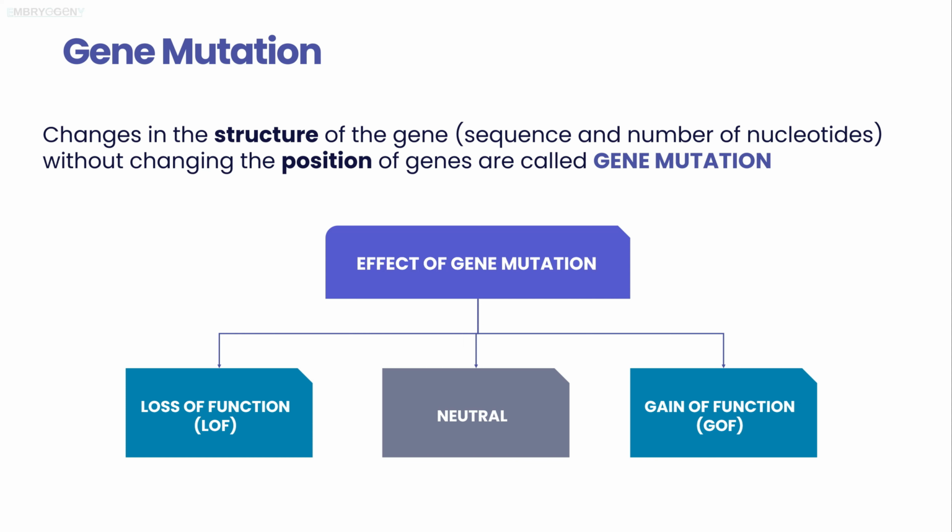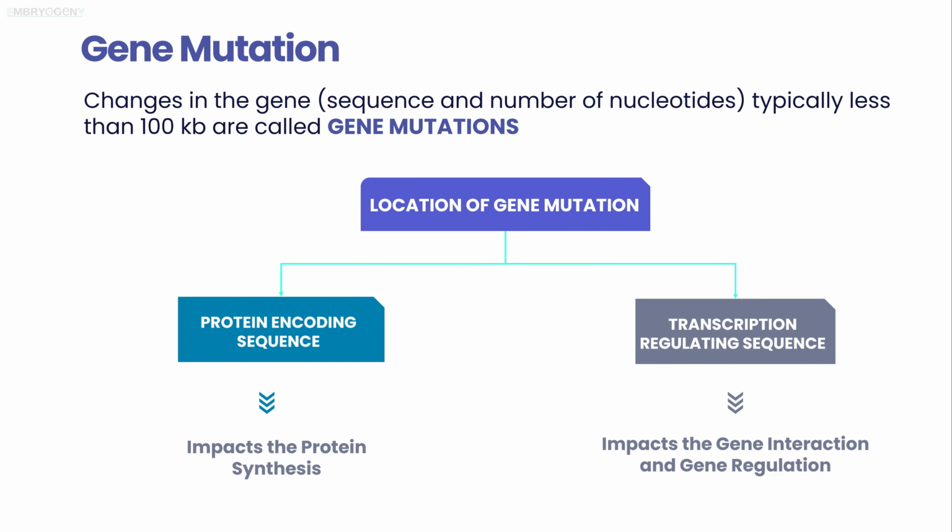Now classifying genetic mutation based on the region of the mutation, like we saw, changes in the gene sequence on nucleotides, typically which is less than 100 kb, is called a gene mutation. Now gene mutation could take place in either the protein encoding sequence or the transcription regulating sequence.